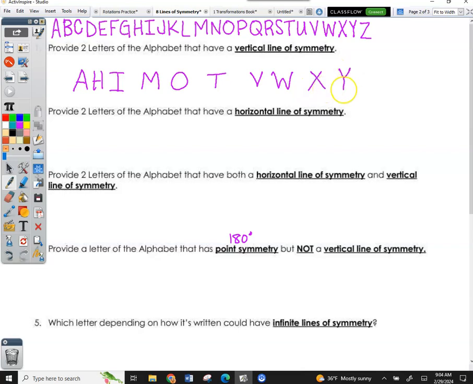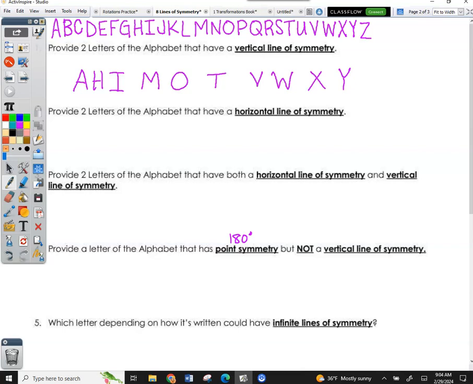And Y. I didn't find any more. Those are the ones I found. If you came up with 2 letters that's in that list, then you did it right. The restriction was that it had to be able to fold from left to right, right in the middle of the letter, and match.